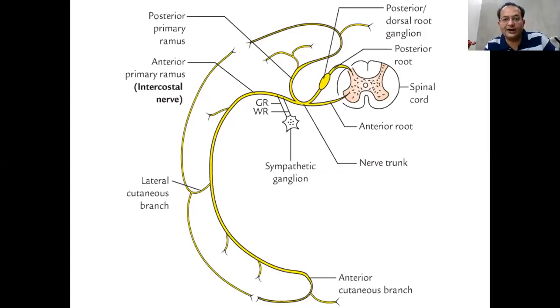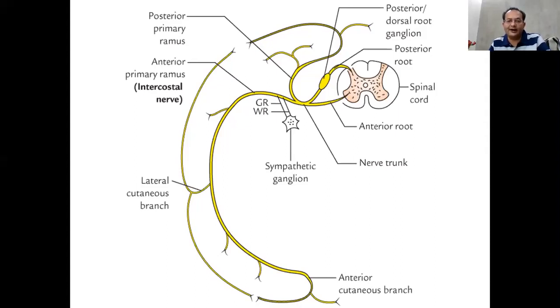A few words regarding the intercostal arteries. एंटीरियर इंटरकोस्टल आर्टरी प्रेजेंट रहती है, पोस्टीरियर इंटरकोस्टल आर्टरीज प्रेजेंट रहती है. Anterior intercostal arteries are the branches of the internal thoracic artery, and the internal thoracic artery is the branch of the subclavian artery.